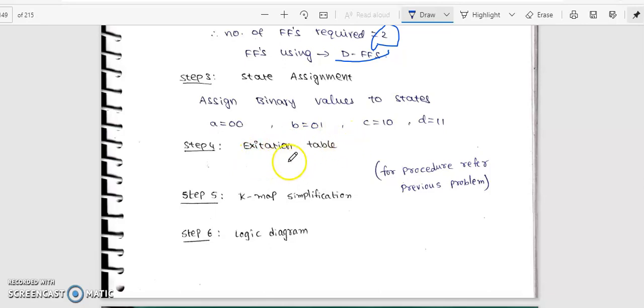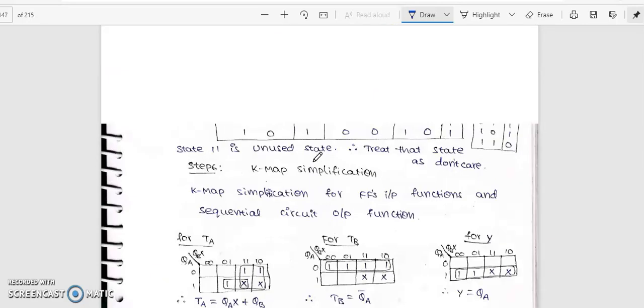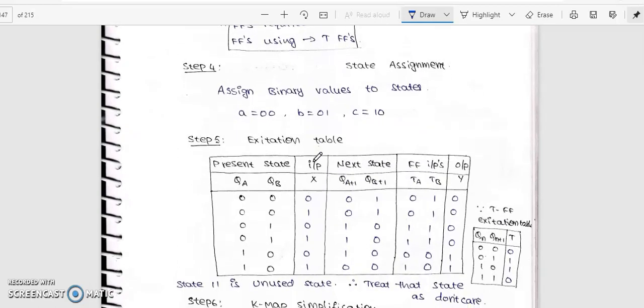Then we have to find the excitation table. Previously we found the way to write the excitation table. We have to take QA, QB, and then X. Here you have 4 present states.